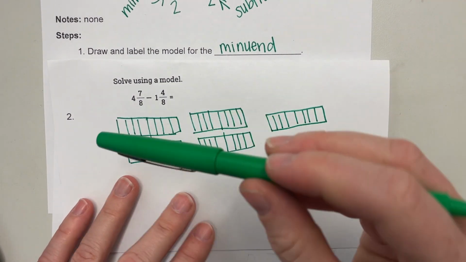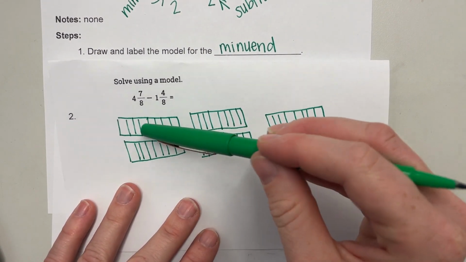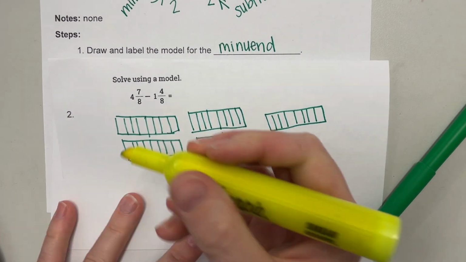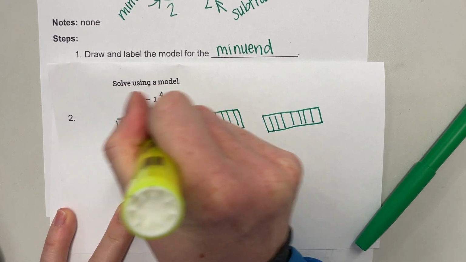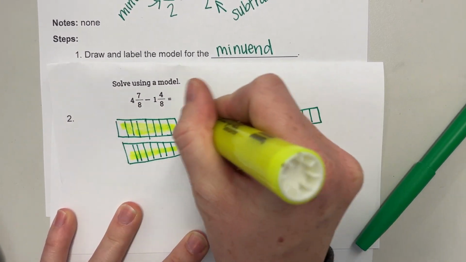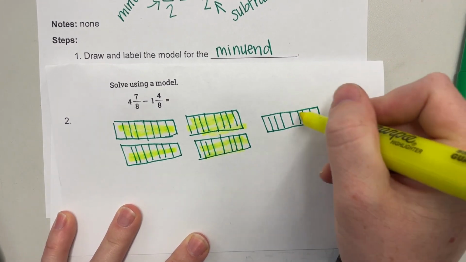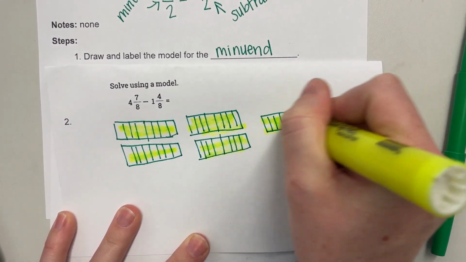Okay, let's just confirm 1, 2, 3, 4, 5, 6, 7, 8. So I have 4 wholes of those. So 1, 2, 3, 4, and 7/8 of this next one.